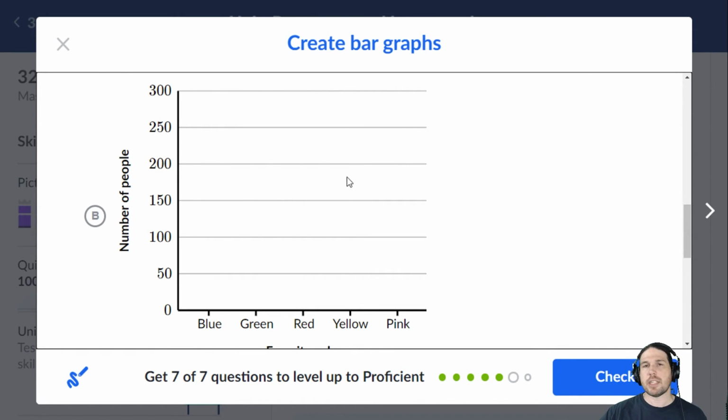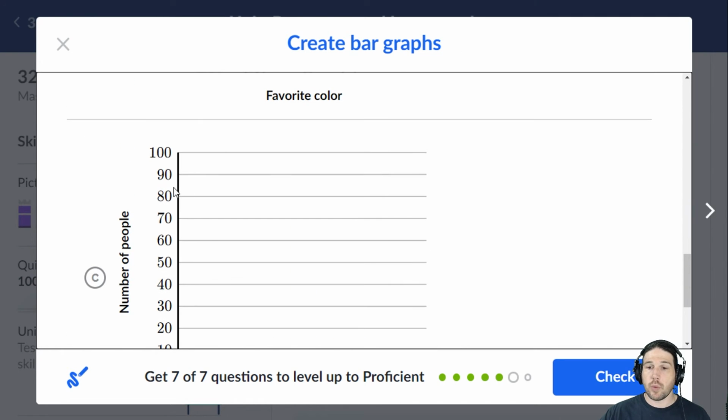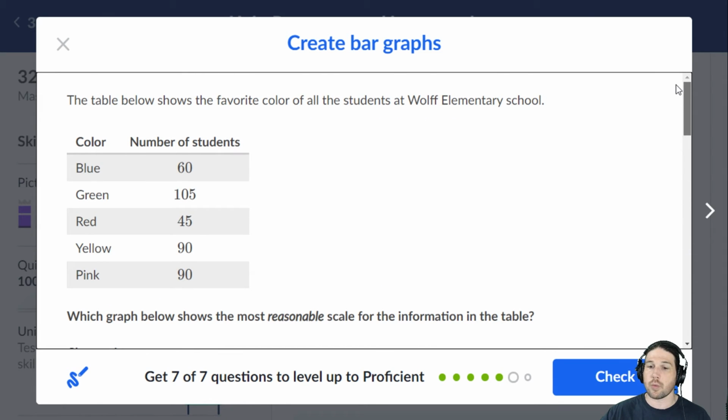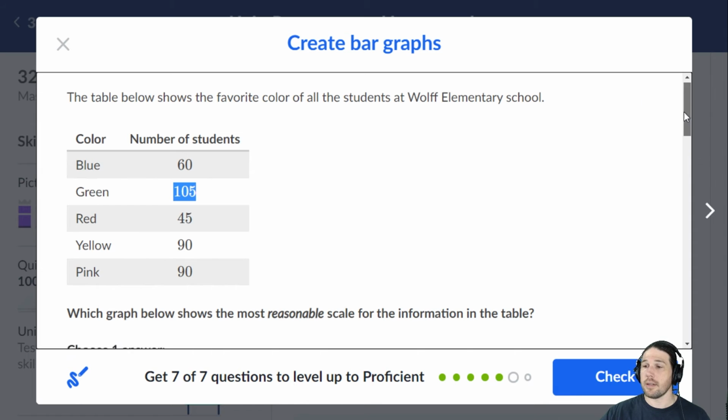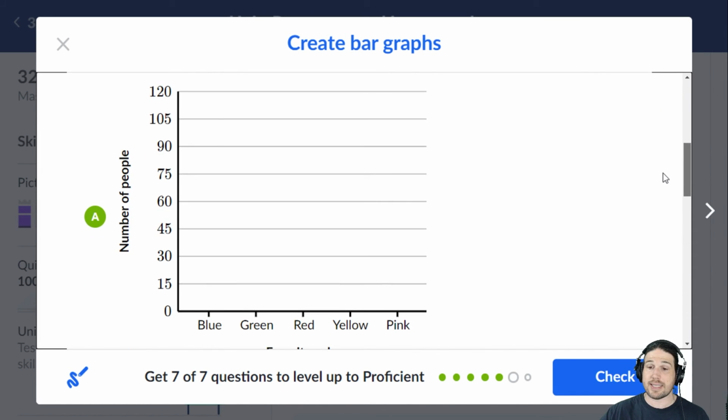It creates all this empty space that you could instead use to scale it up and make it more easily visible on your graphic. This one looks pretty good, except you don't want to just go to 100 when your highest is 105. If green wasn't here, then I would say that C was probably the best way to go. But unfortunately, C is here, so we're going to go with A.